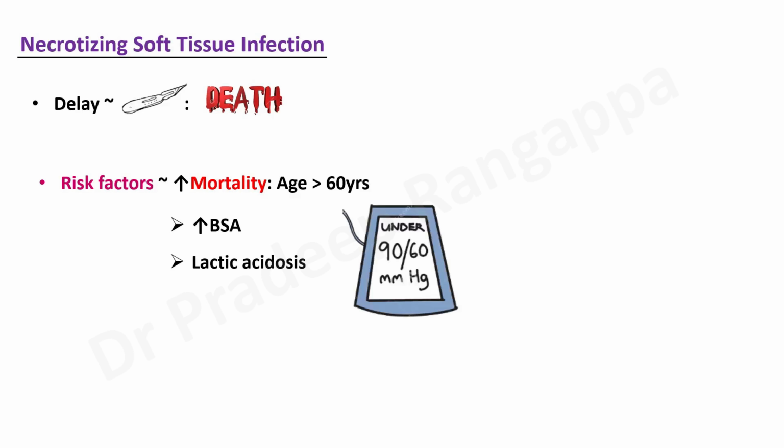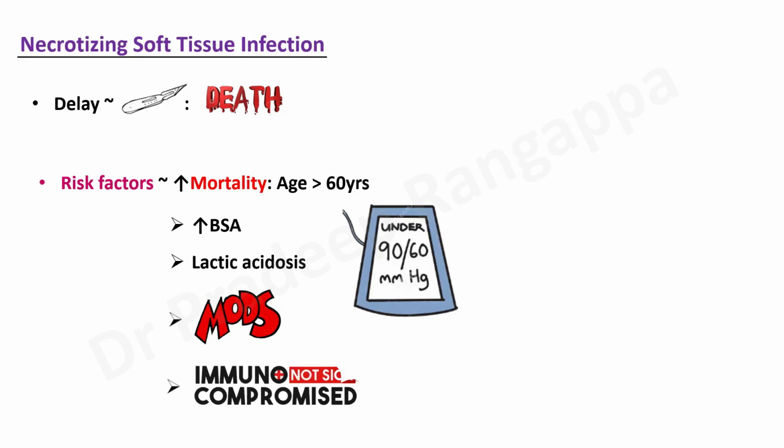And someone coming with hypotension, lactic acidosis, or MODS, which is all very intuitive for all our intensive care friends, portends higher risk for mortality. Or someone who is immunocompromised, someone who's on chemotherapy coming with necrotizing fasciitis, or bad non-compliant diabetes with CKD coming with necrotizing fasciitis, all these portend bad prognosis with poor outcome. So those are the risk factors.